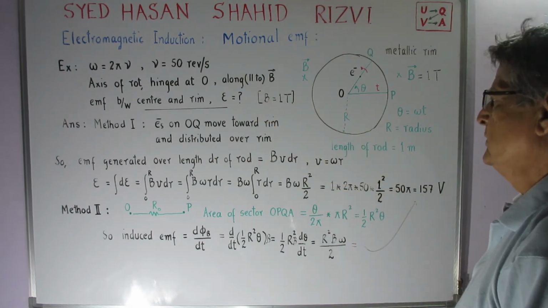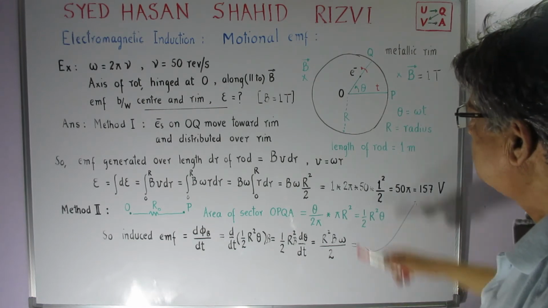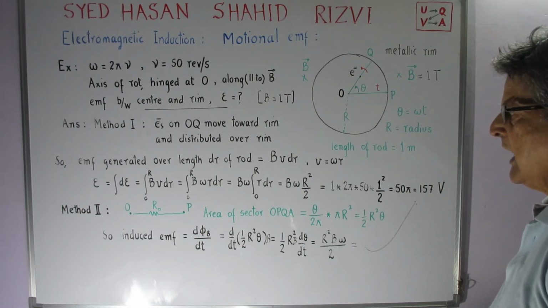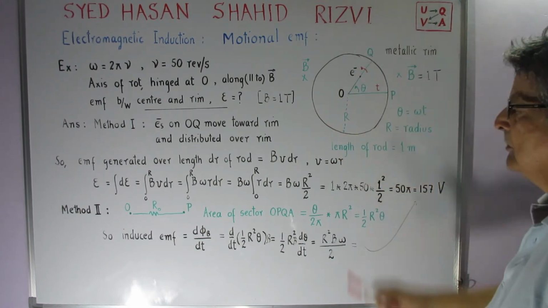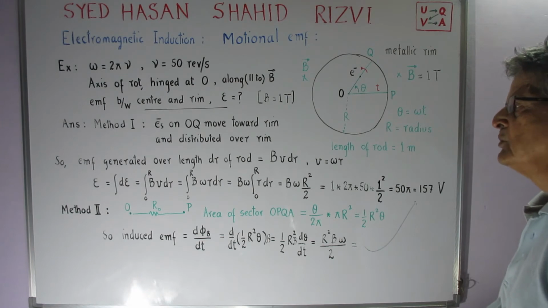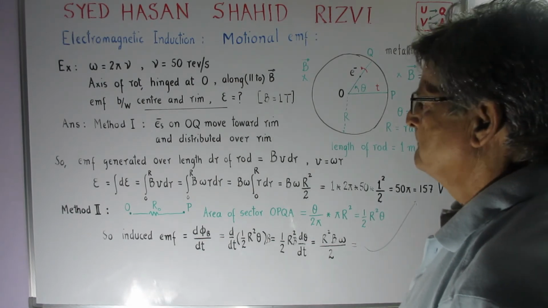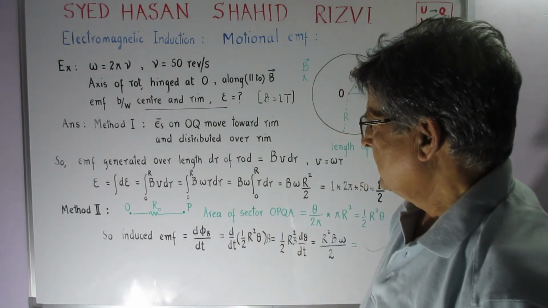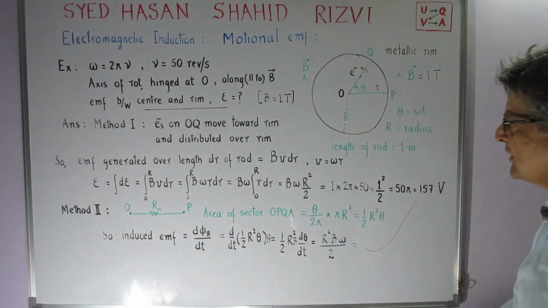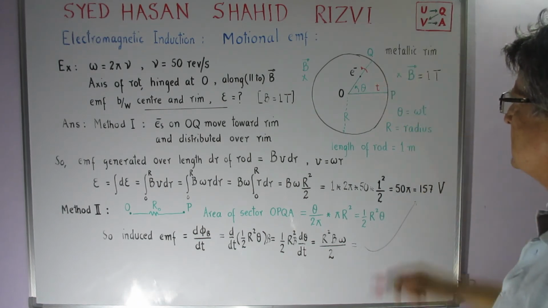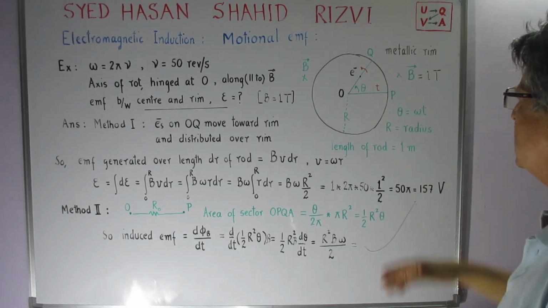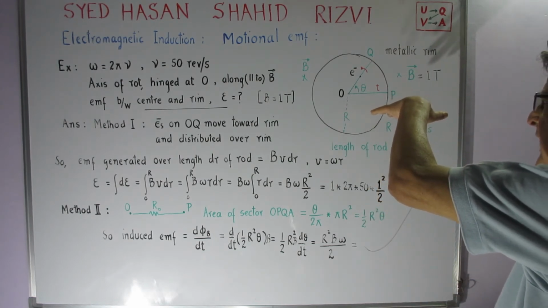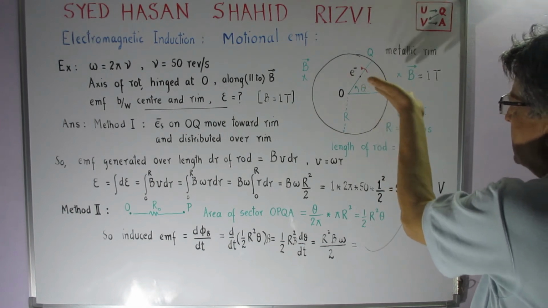Now we have to find out what will be the EMF between the center and the ring that is there. This is the question. Now there are two methods. In one method, we just talk about the electrons. The magnetic field is like this, and the electrons are moving like this.